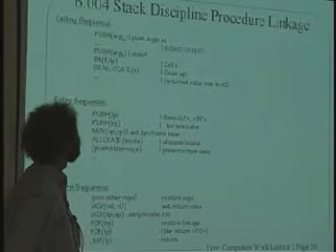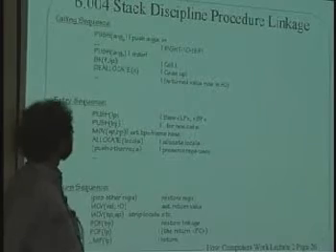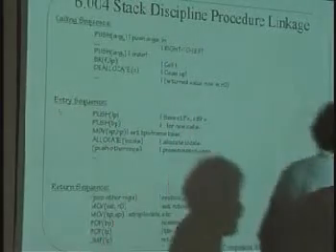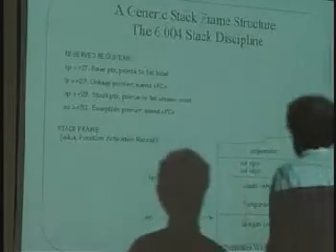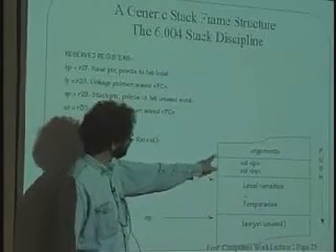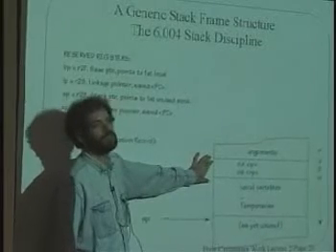And so the advantage of pushing them on in the reverse order, or as they say from right to left, is because, again, looking at the stack frame, if I know where the base frame pointer is here, and argument 1 is over here, I always know what this distance is to get to the first one.